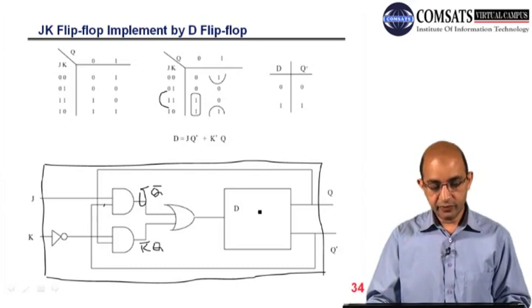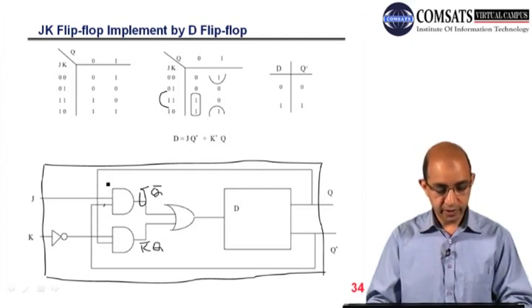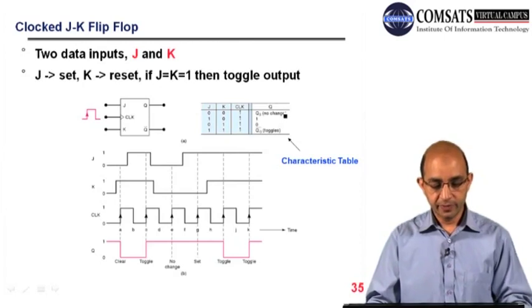But what we have used is a D flip-flop, and in relation to the D flip-flop we have used the fundamental combinational components, that are AND and OR. So this is the implementation of the JK flip-flop by using the D flip-flop.